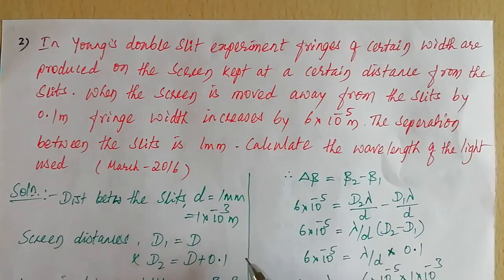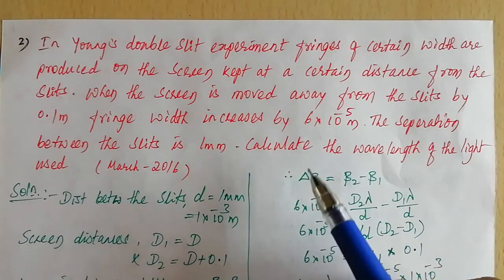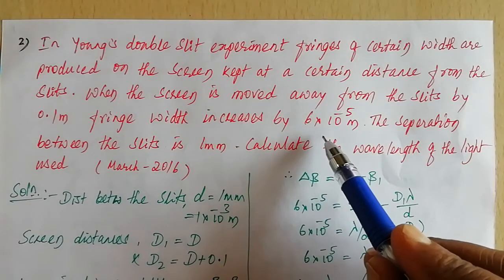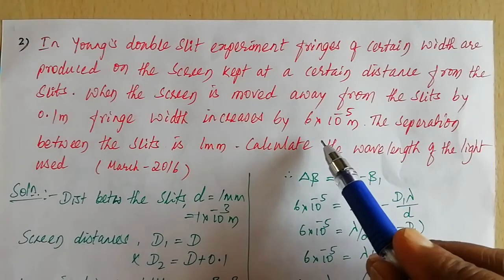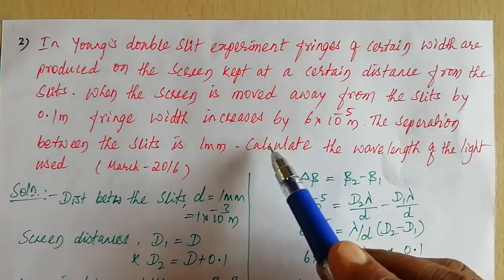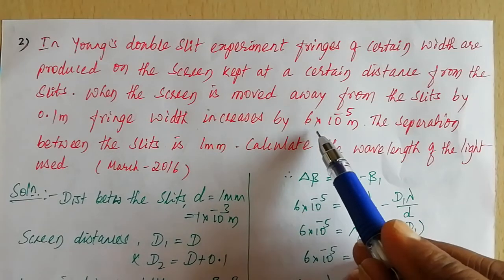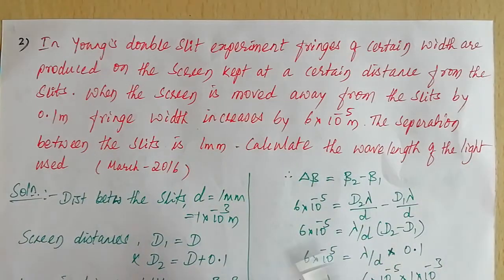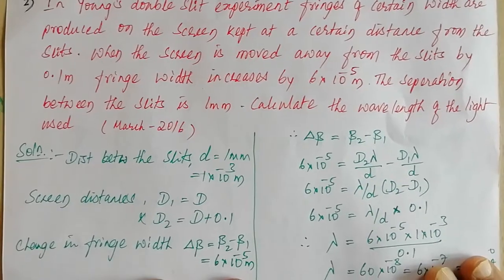In the previous case beta 1 and beta 2 were given, and in this case it is the difference or change in the fringe width that is given. The separation between the slits is 1 millimeter. The wavelength we are supposed to calculate.